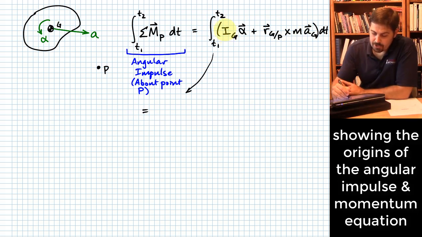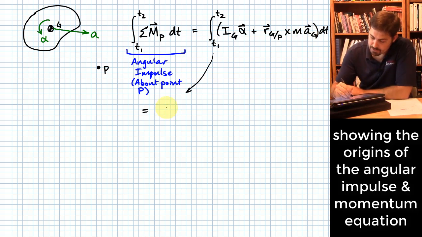Moment of inertia is not generally time dependent, so that just comes out, and you end up integrating over time the angular acceleration. Similar idea over here: you're integrating over time r of g relative to p crossed into m times the acceleration of the center of gravity. So what happens here is you end up with basically a difference.